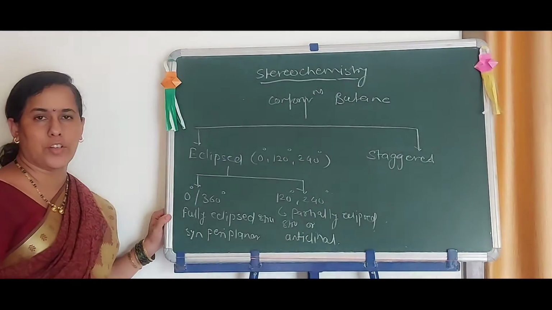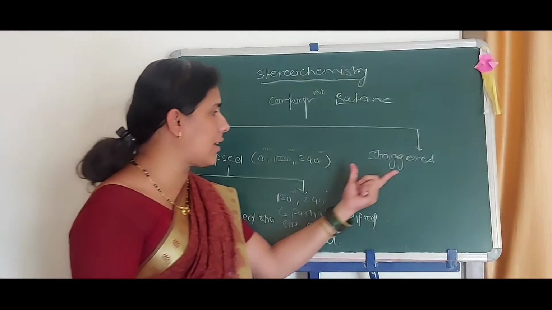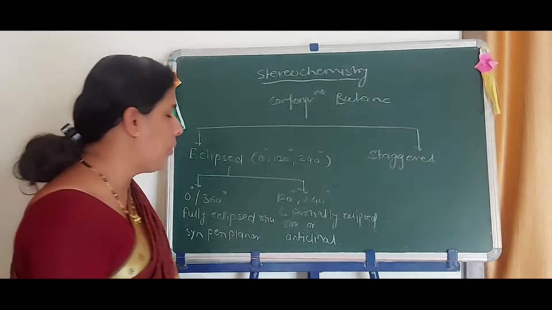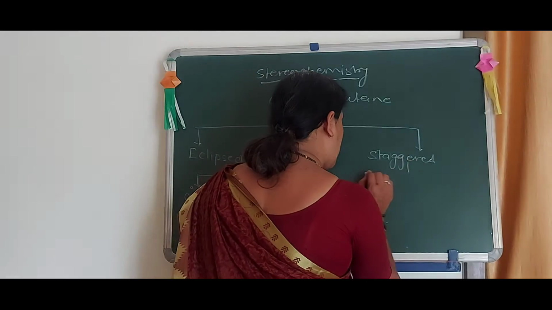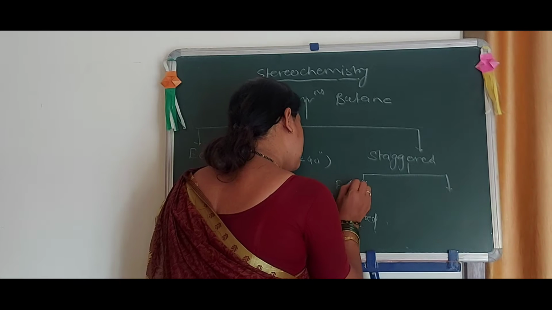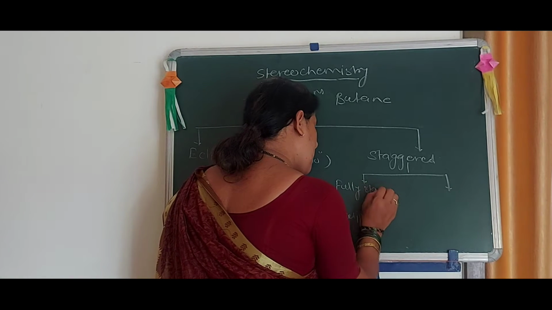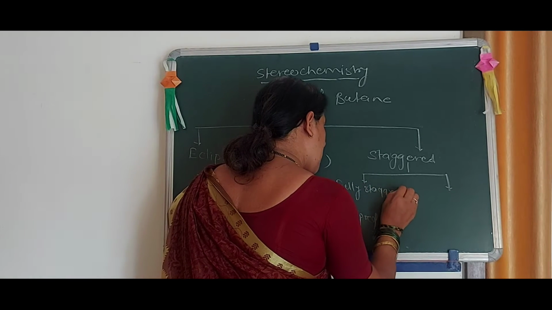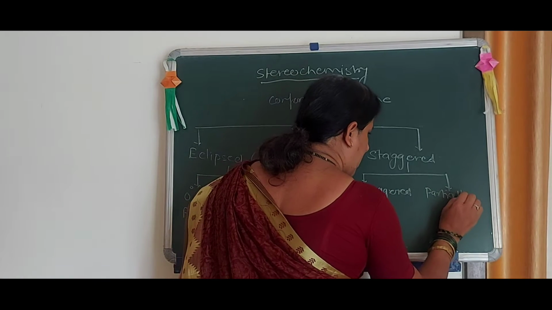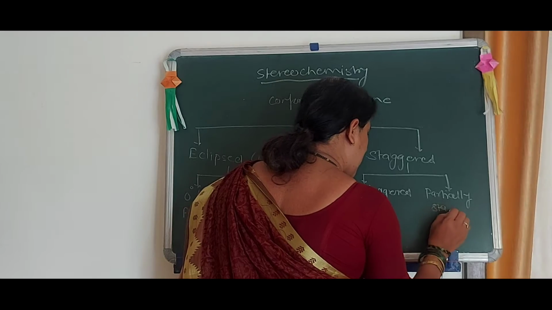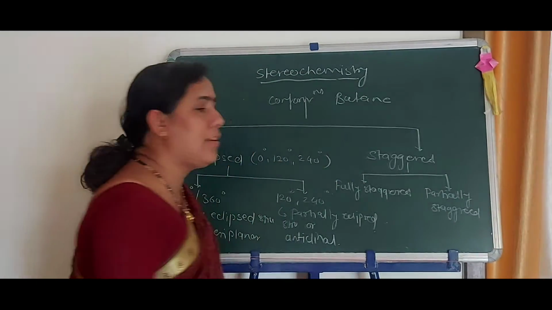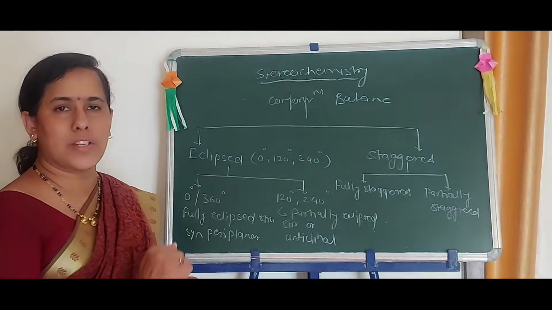Anticlinal structure. Okay. Now as far as the second type, staggered, likewise, this type is also divided into two types. Which are the two types here? First is fully staggered and second is partially staggered. Now in fully staggered, how many angles are considered here?